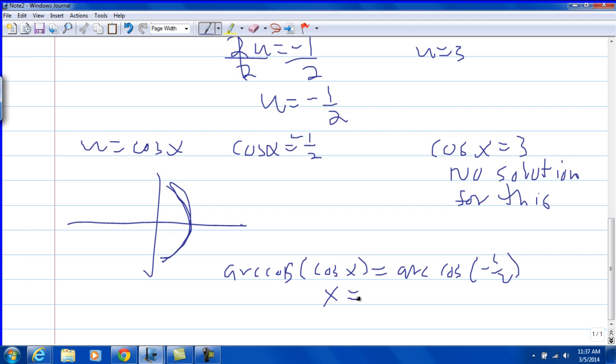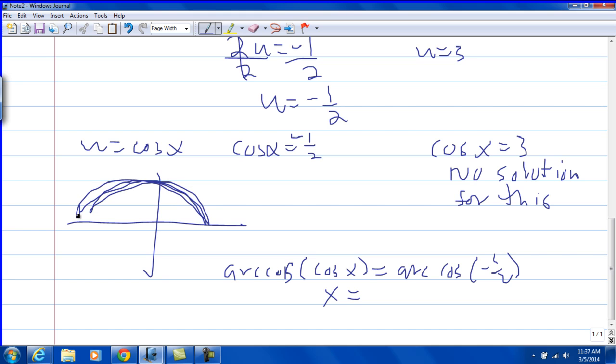So x equals arc cosine, and recall that arc cosine returns values from negative... No, I got that wrong. Arc cosine returns values from 0 to pi.